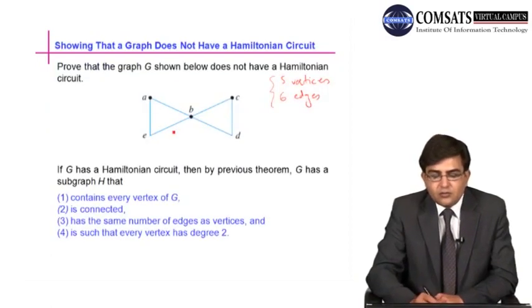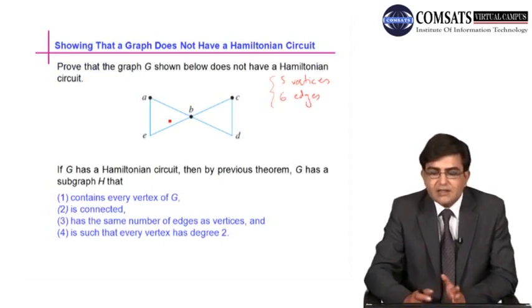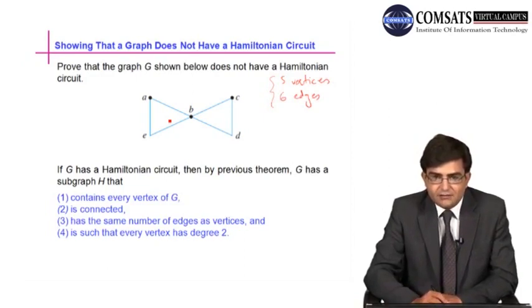Here we have to construct a subgraph, which is basically a Hamiltonian circuit, and which must be connected also. We suppose that there is some subgraph H which is a Hamiltonian circuit in this graph. Now every vertex must have degree 2 in that subgraph.